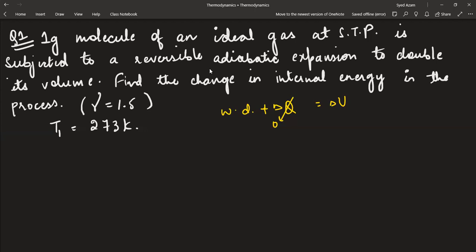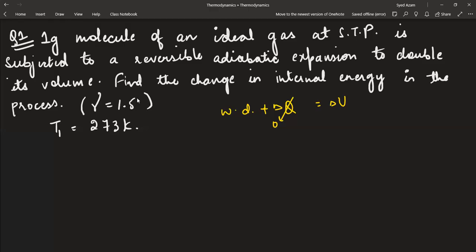Work done during adiabatic expansion, we know the formula, we have just derived it. Firstly, let's find out the temperatures, because one temperature is given, but volume values are not mentioned, so we cannot use the formula P2 V2 minus P1 V1. Where is the pressure? Where is the volume?